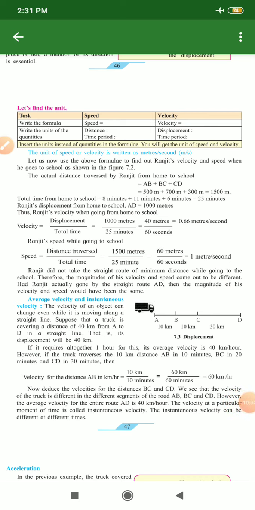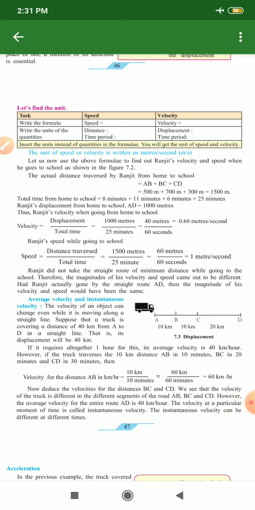Now, let us find the unit of speed and velocity. Write the formula. Speed is equal to distance upon time. You can take your pencil and just write it. Speed is equal to distance upon time. Velocity is equal to displacement upon time. Then write the units of the quantities.